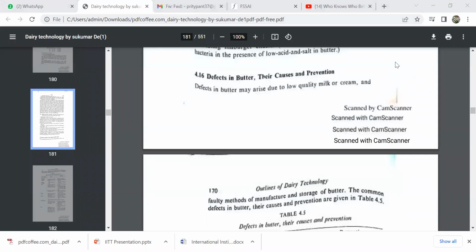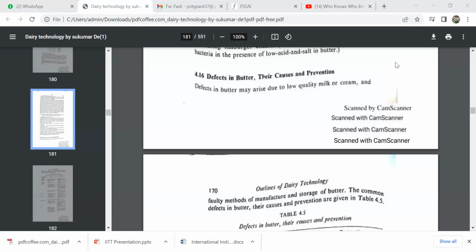Next topic is defects in butter, their causes, and the prevention. There is a list of different kinds of defects in butter. I'll take one by one. These are the flavor defects, body and texture defects, and color defects.